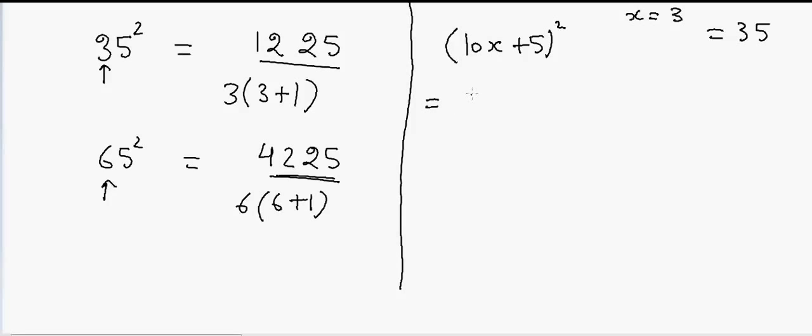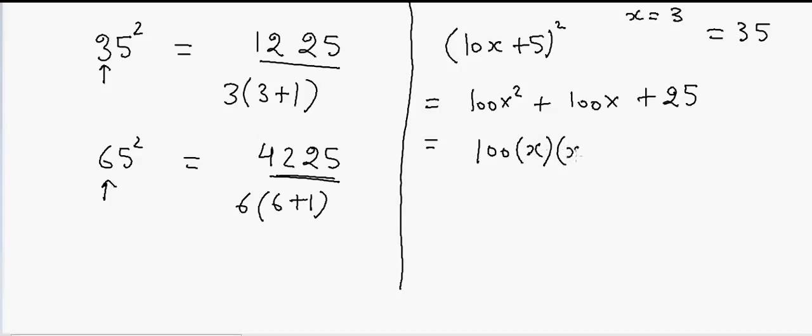That will be equal to 100x square plus 100x plus 25. If we solve this, that will be equal to 100 into x into x plus 1, plus 25. As you can see, we are taking the first digit and multiplying it by its increment, multiplying it by 100 and then adding 25.